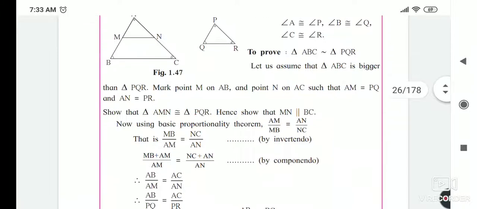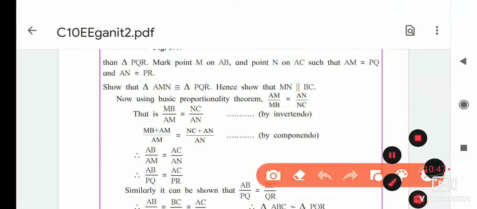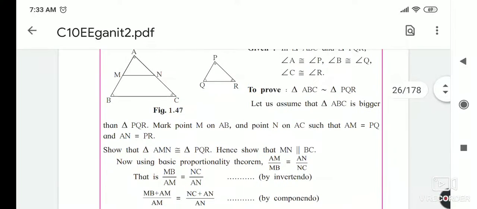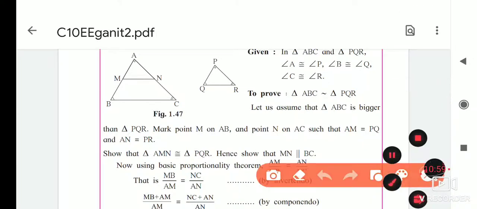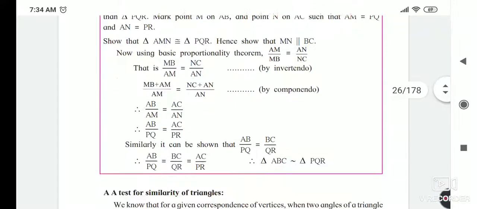Next, they use the property of componendo. So here MB plus AM upon AM, numerator plus denominator upon denominator. Then AM plus MB is equal to AB, and AN plus NC is equal to AC, which we have to write here.